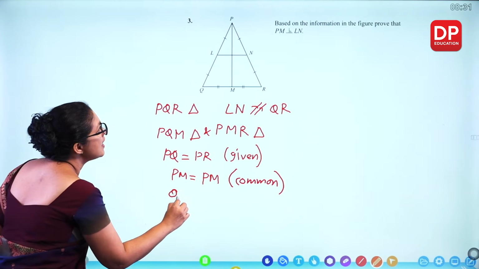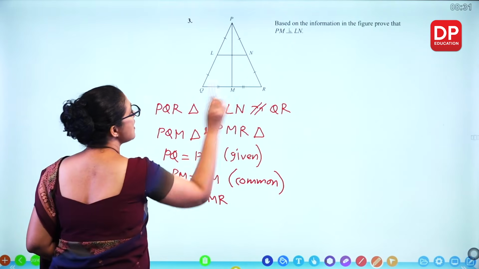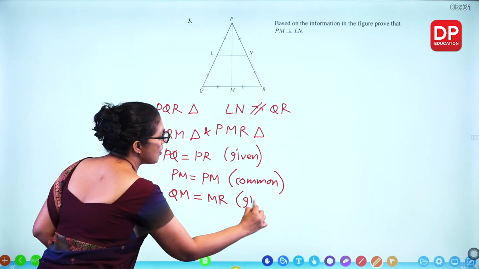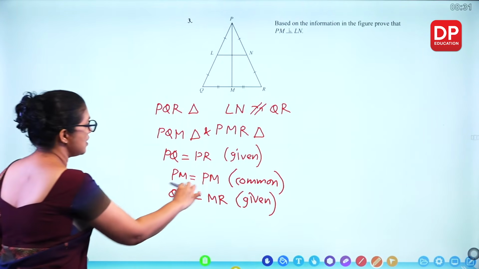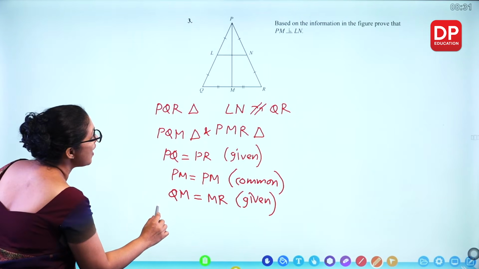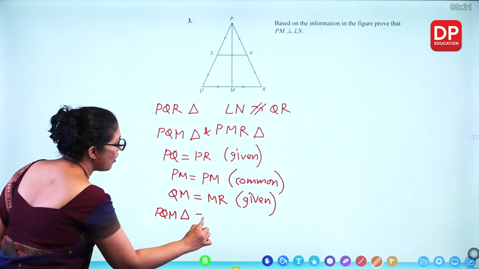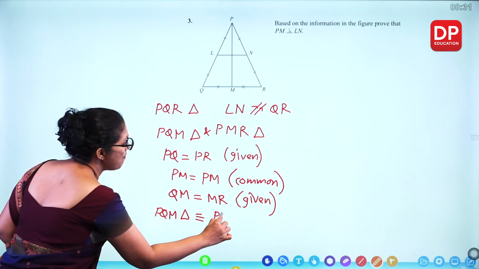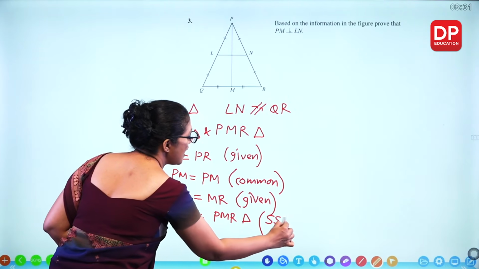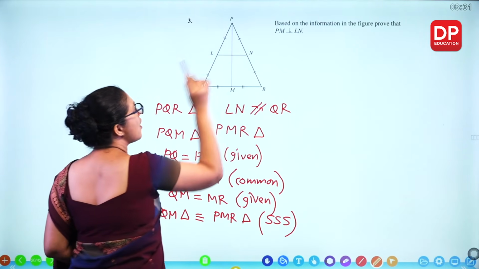We can see that QM is equal to MR. These two lengths are equal. So we can say, according to given information, all three corresponding sides are equal. So we can write PQM triangle is congruent to PMR triangle. What's the case? Side, side, side. So we can say these two are congruent.